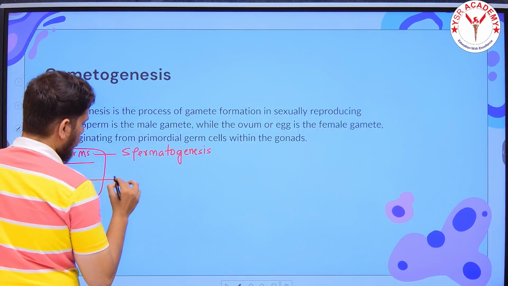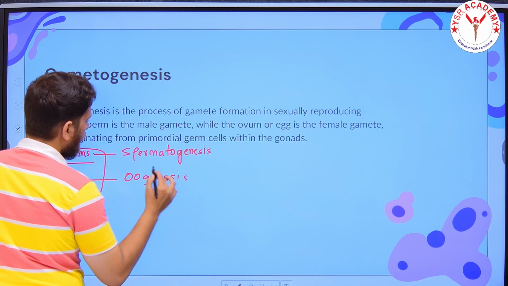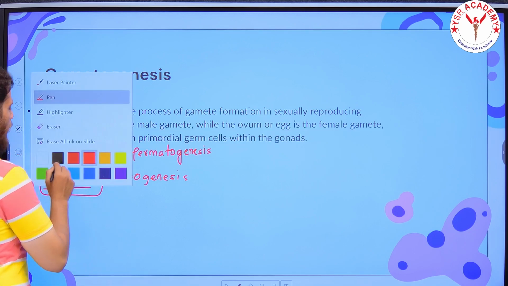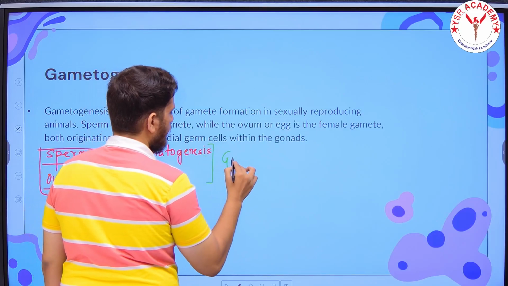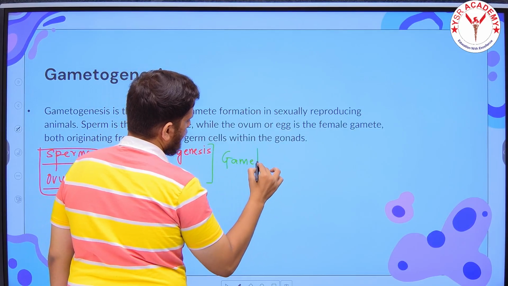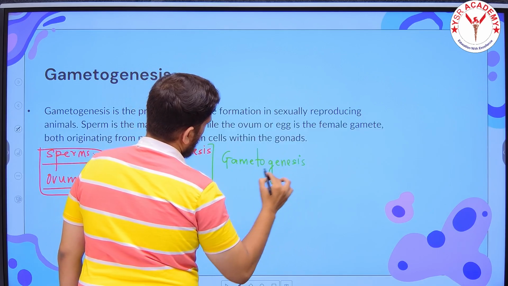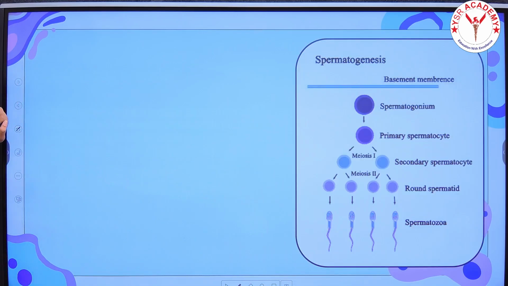When we talk about ovum, it is called oogenesis. So essentially, formation of sperm and ovum, let's combine it together and call it gametogenesis. So you have a certain flow of spermatogenesis.